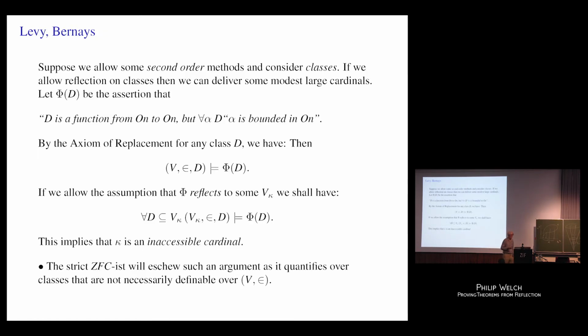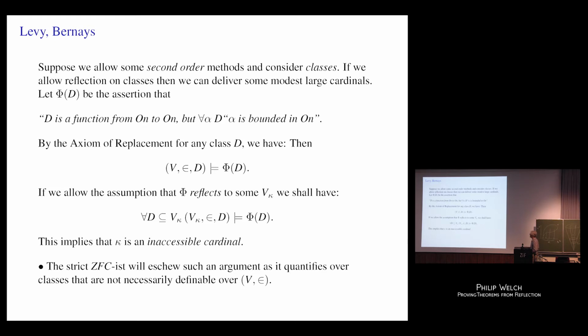Then Levy and Bernays considered extensions of this. They allowed second-order methods, and they considered classes over V. If you allow reflection on classes, then you can deliver some modest large cardinals.